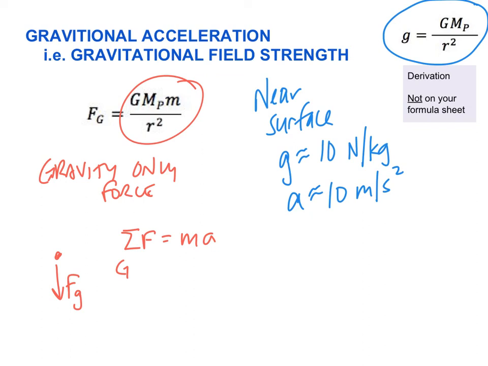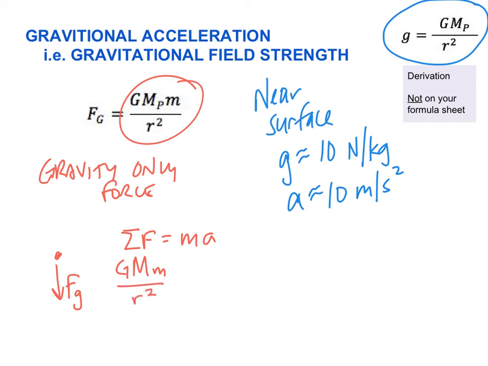Officially it's M1, M2, but a lot of times we'll use a capital M to represent a planet like the Earth, or maybe a large satellite like the Moon, and then a small m to represent the object that we are working with. If you can't write capital M's and little m's neatly enough to keep them straight, you can certainly use subscripts. There's nothing wrong with that.